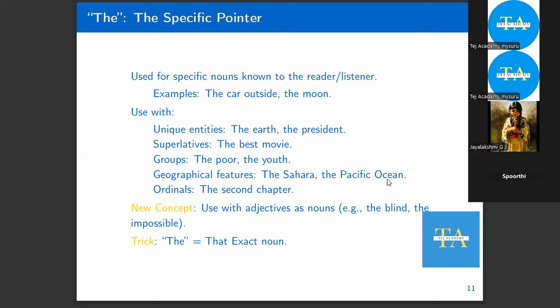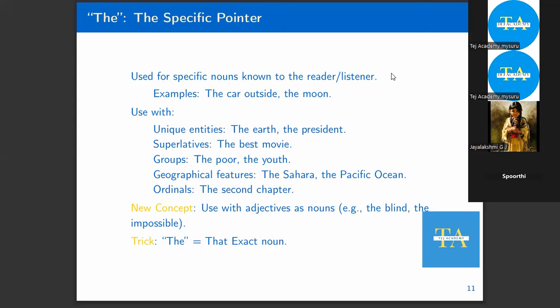Imagine we are in the same location, and we know that some random car is there outside. We can directly use the article. The car is outside. The child is playing. We know which child it is. So the is used in front of a specific noun because we know what it is.